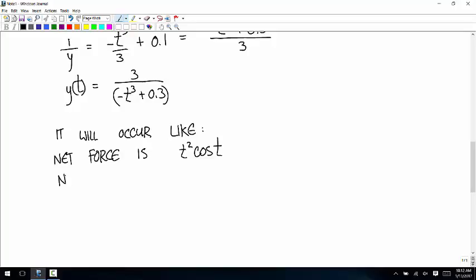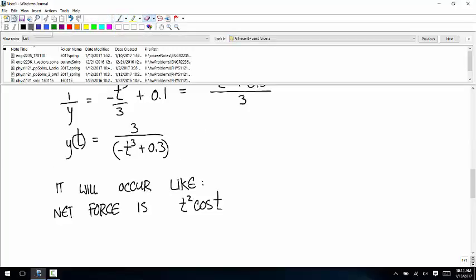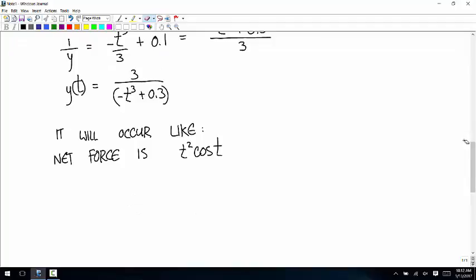So then Newton's second law says, well, I didn't give anything. So, let's say that we want to find, and let's say the mass of the object is 0.5 kilograms.